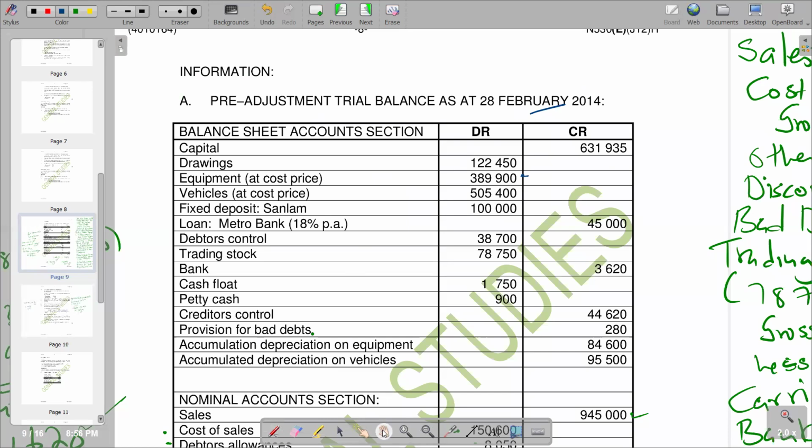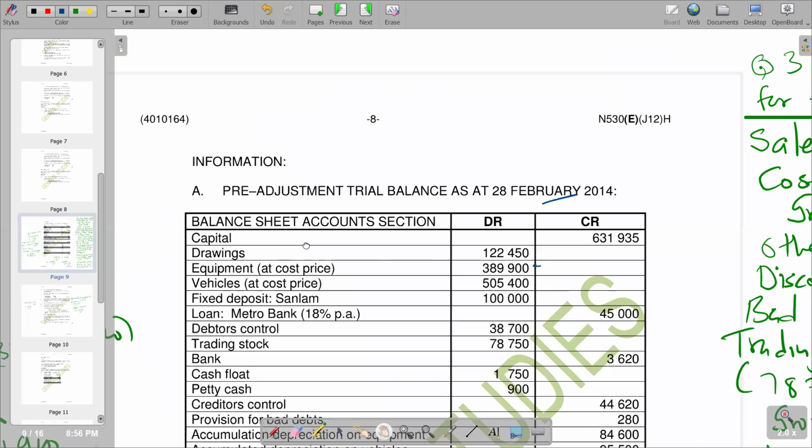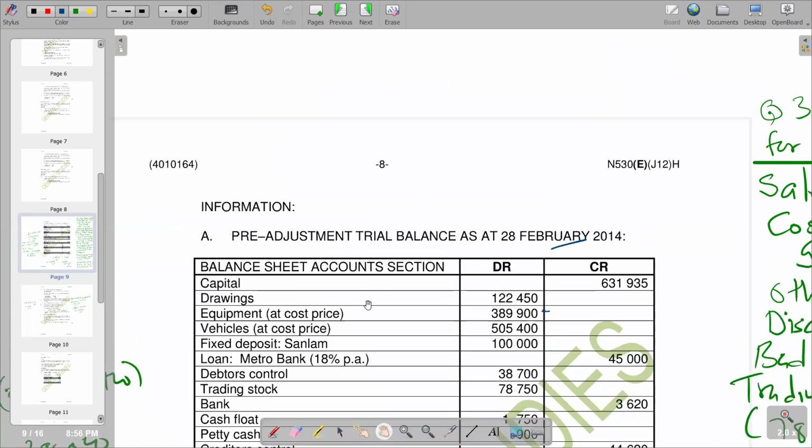In other words, to calculate depreciation for equipment that was there for the whole year, we are going to say 0.2, which is 20%, times in brackets 389,900, and we subtract the 9,500 that came during the year.